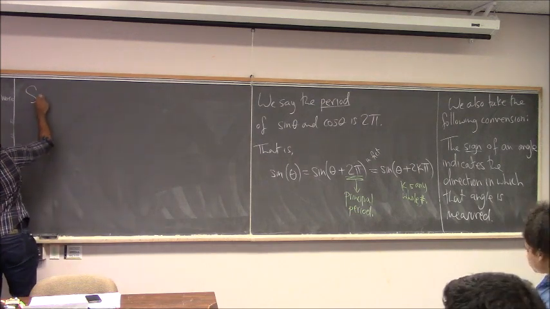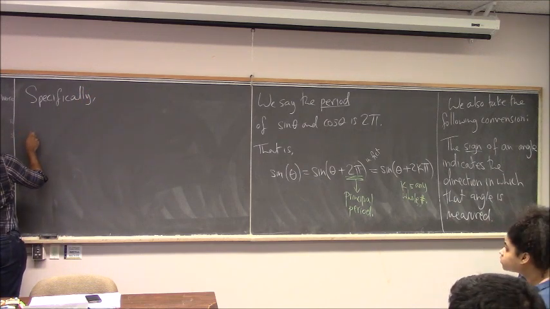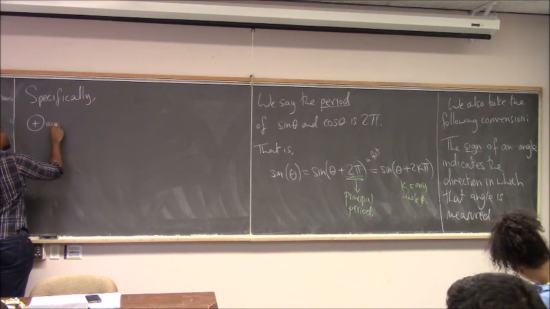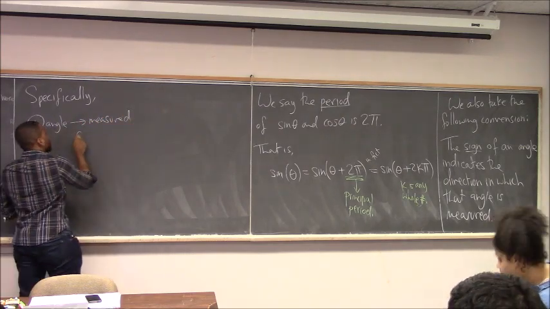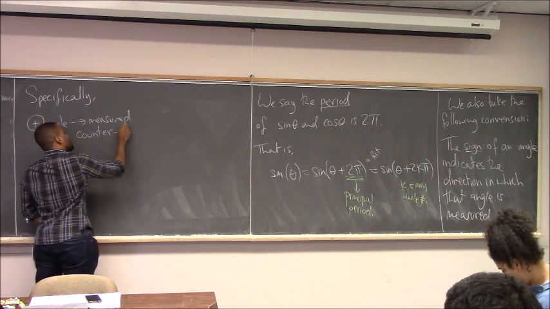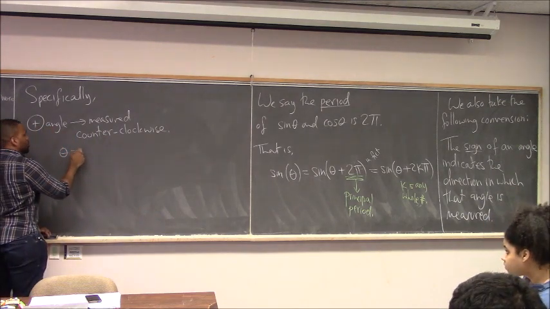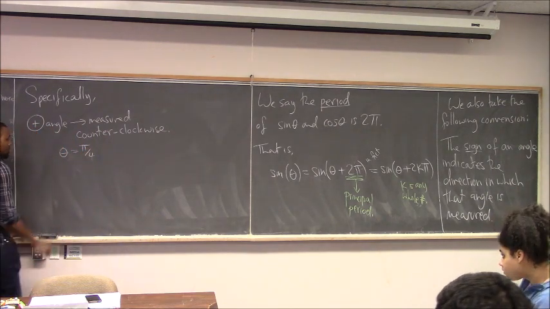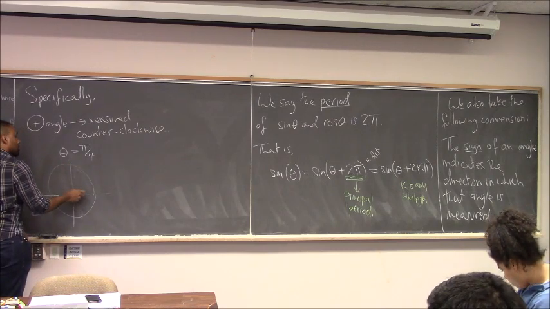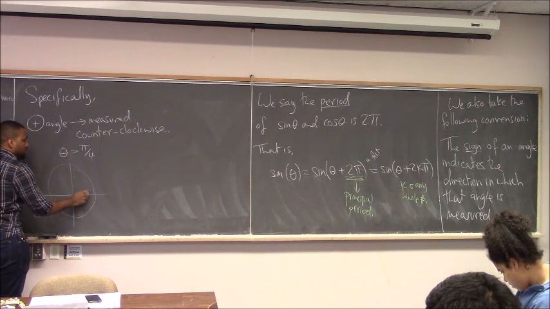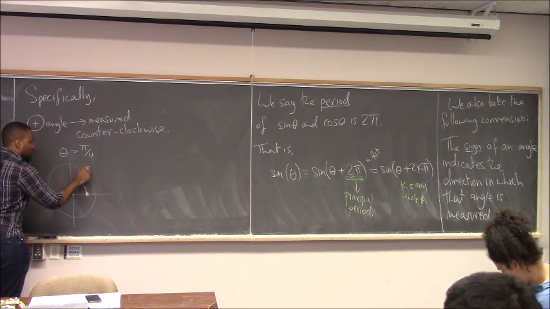So specifically, we have a positive angle. This means it's measured counterclockwise. For example, if someone tells you theta is equal to pi over 4, this means on the unit circle, you start at the positive x-axis and you move until you cover an angle of pi over 4.